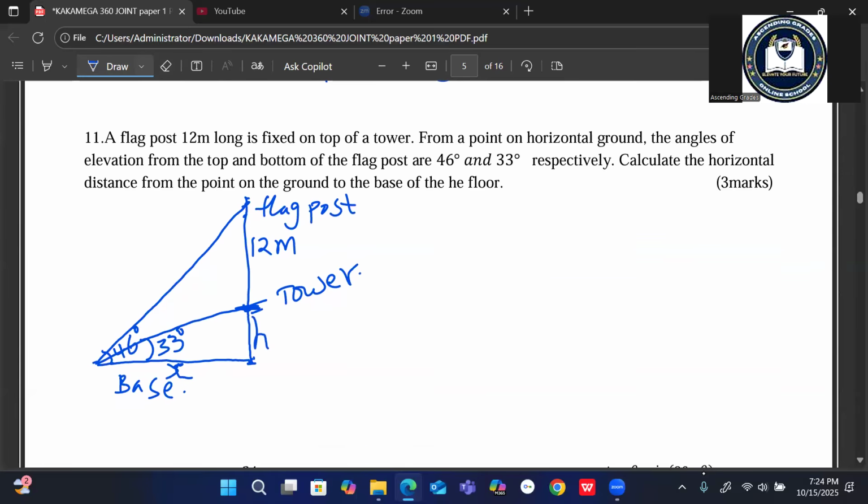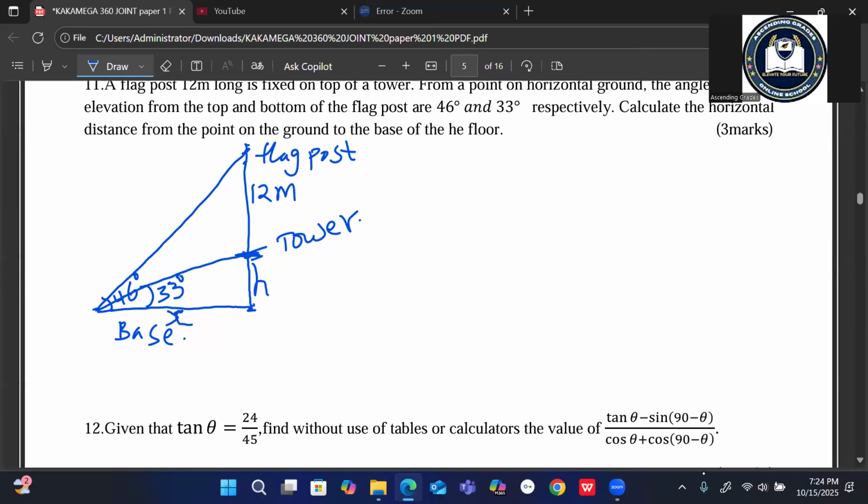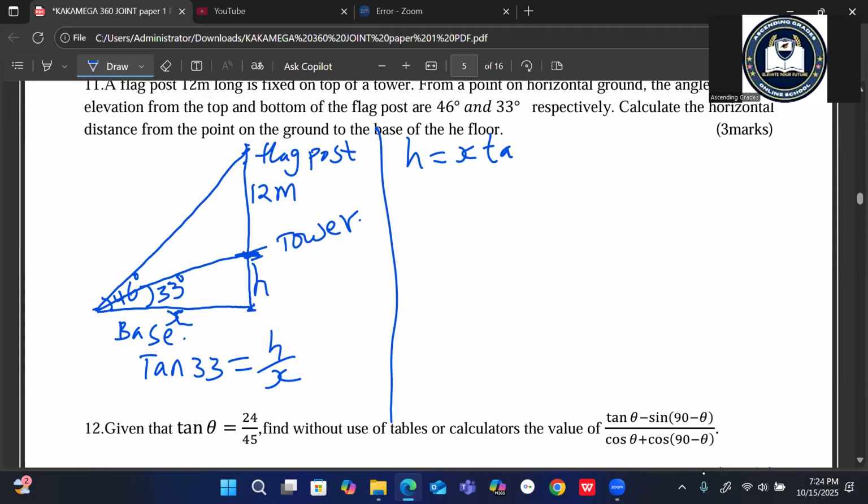When we look at the relationship between the 33 degrees, h and x, we find that tan 33 should be equal to opposite over adjacent, which is h over x. So our h will be equal to x tan 33. From there, go to the second one.